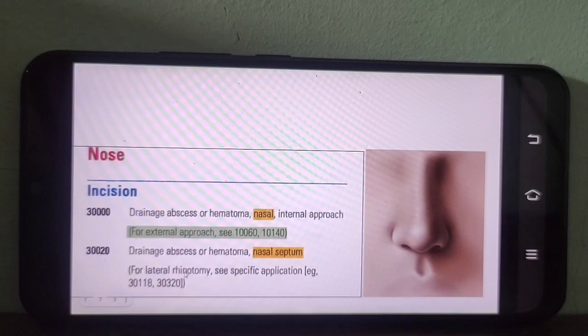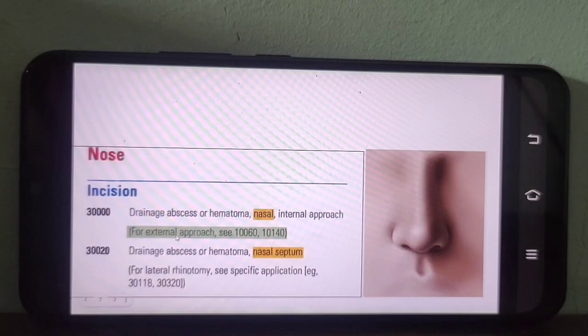Under the code description, or sometimes above the code description, they will indicate some instruction. That will be our answer in our question in the CPC exam. So you must give priority to reading that hint also. Here, for nasal internal approach, go for 30000.